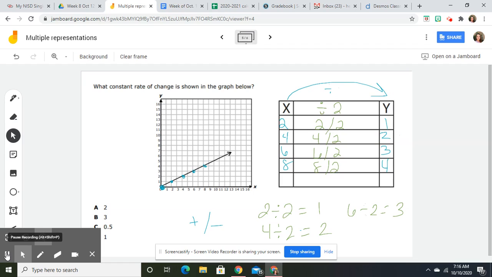Now, when we look at this answer choices, divide by 2 is not a choice. But dividing by 2, as you can see in those fraction setups that I put in the middle, are the same as, if I do 2 divided by 2, is the same as a fraction, and a fraction is the same as a decimal.